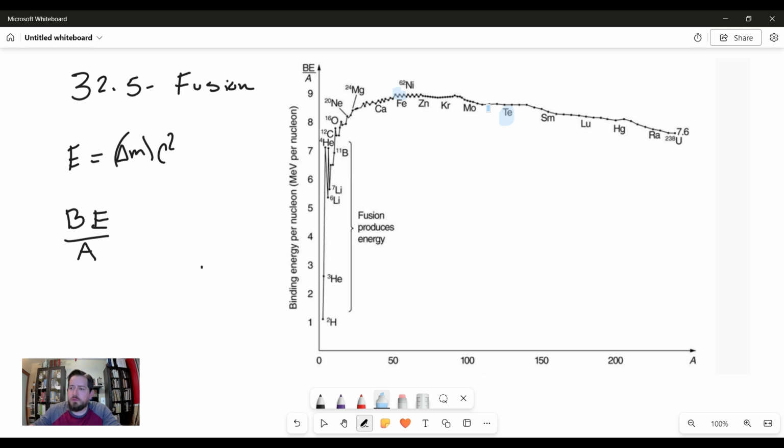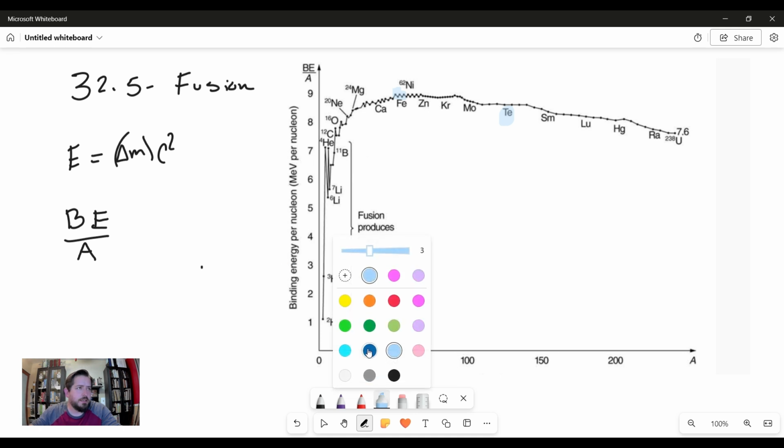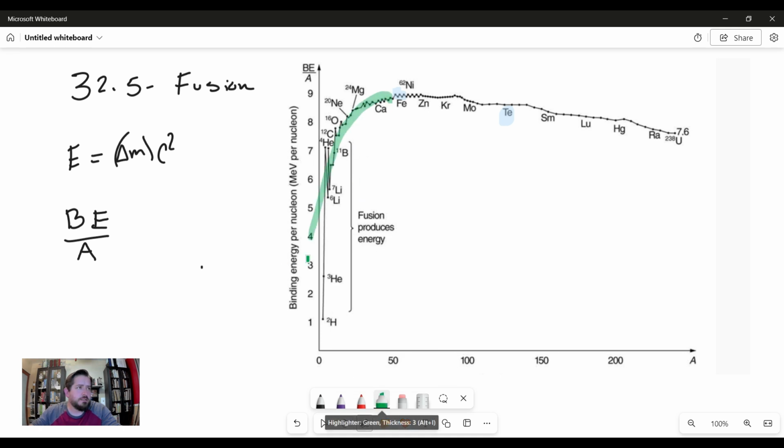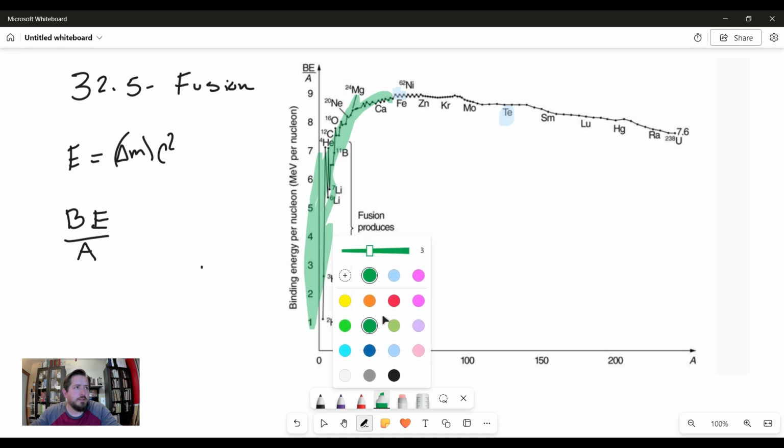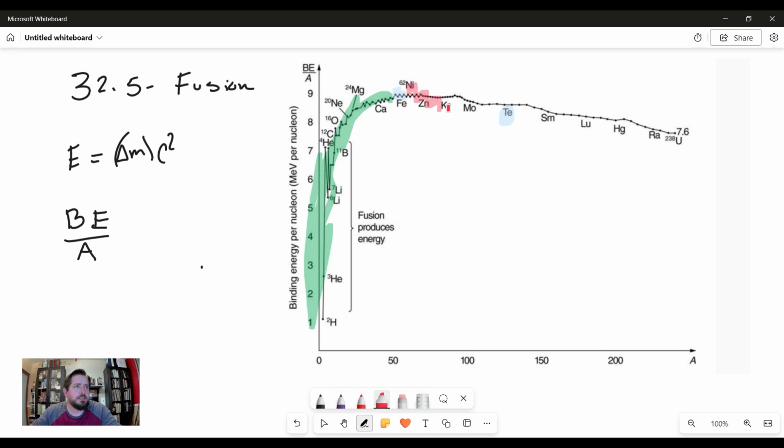So these energy values along the side, this range here is the good range to do fusion, and anything beyond iron is costly to perform fusion on.